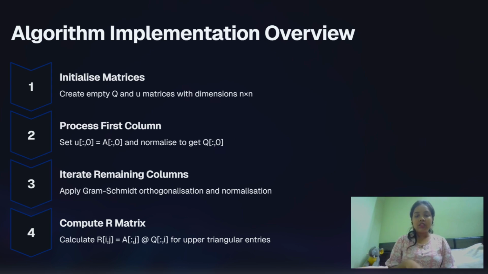This ensures each new column is orthogonal to the previous ones. Finally, we compute the R matrix, where each entry is calculated using dot products of A and Q, giving us the upper triangular structure. So next slide.